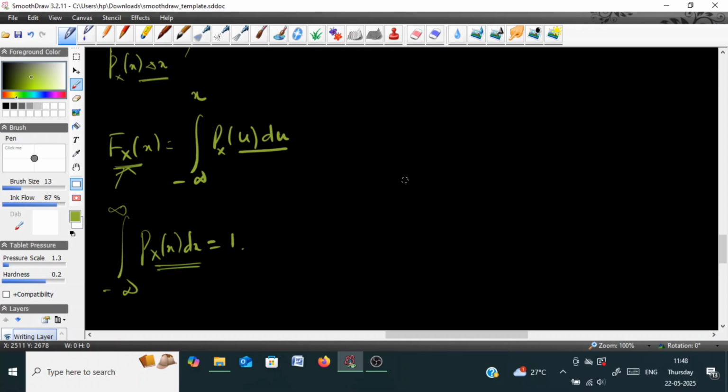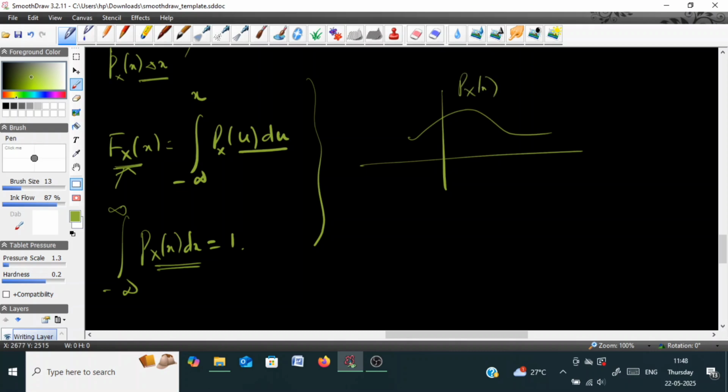Okay. Also, we have seen that this is the PDF p_X(x). If you take a small interval x and x plus delta x, then p_X(x) delta x defines the probability of getting the random variable between x and x plus delta x. Okay.